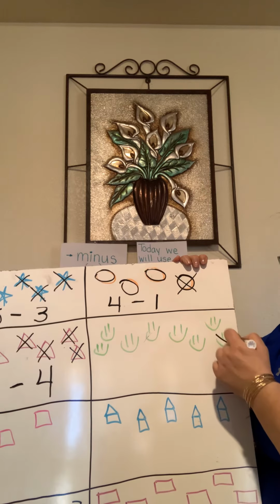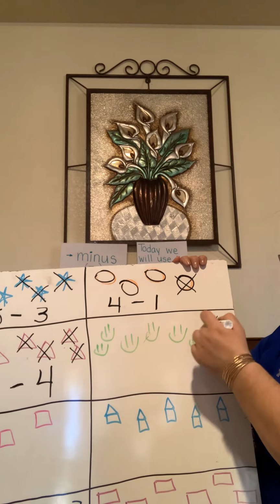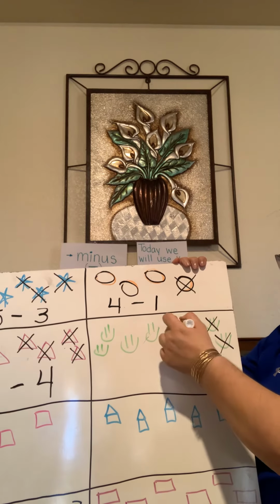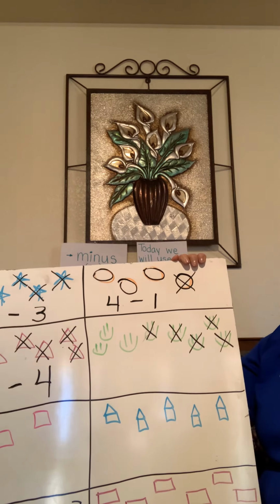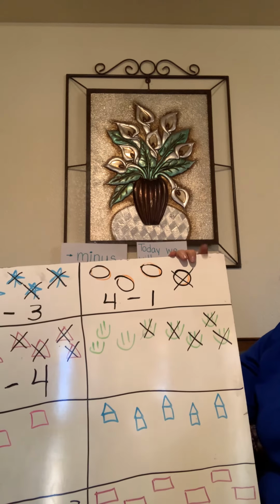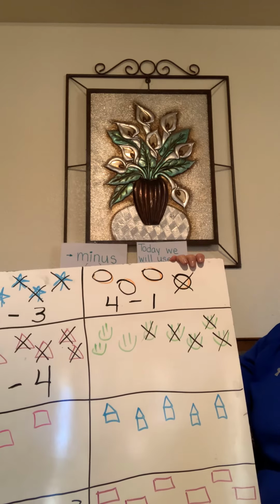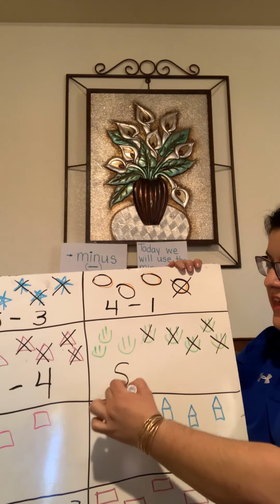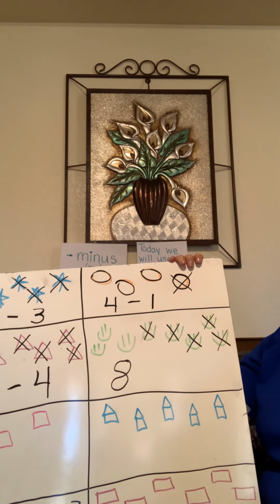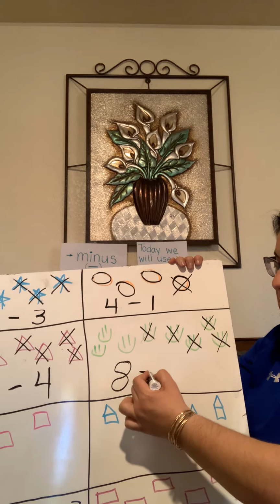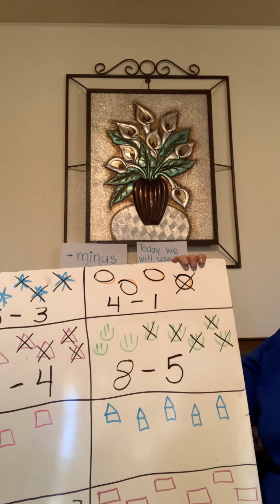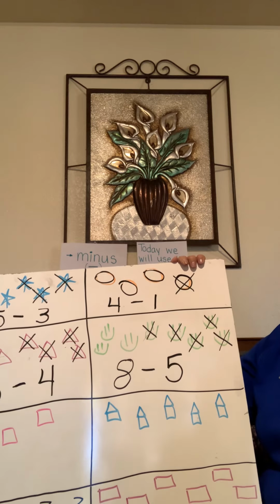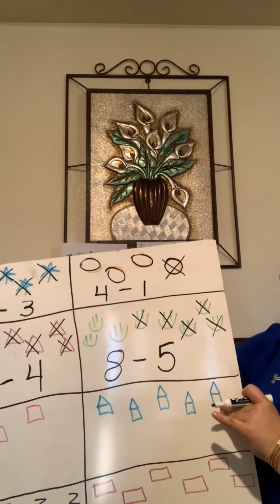So we have 1, 2, 3, 4, 5. So how many happy faces did we start off with? Yes, we started off with 8 happy faces. So we have 8 minus 5. Very good. Let's go on to the next one.